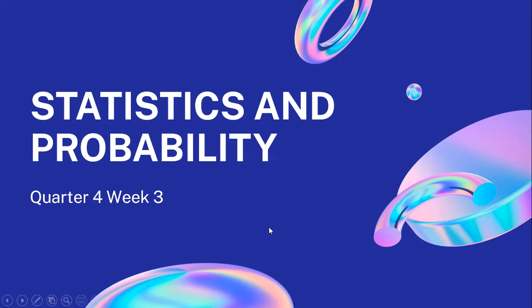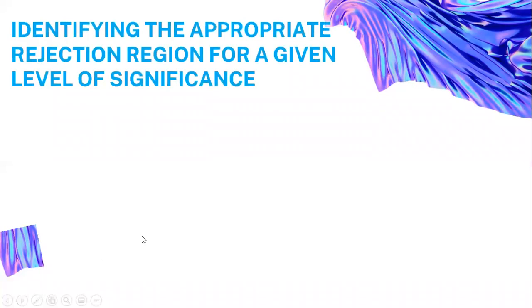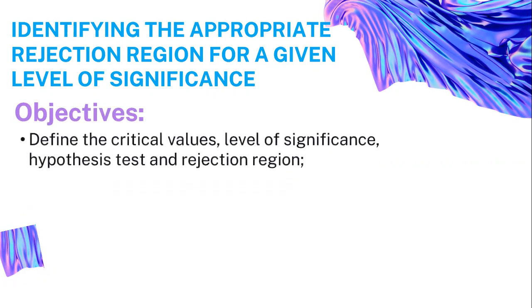So to continue, the first module that we have for this week is identifying the appropriate rejection region for a given level of significance. At the end of this session, you are expected to define the critical values, level of significance, hypothesis test, and rejection region. These are mainly definitions of terms.